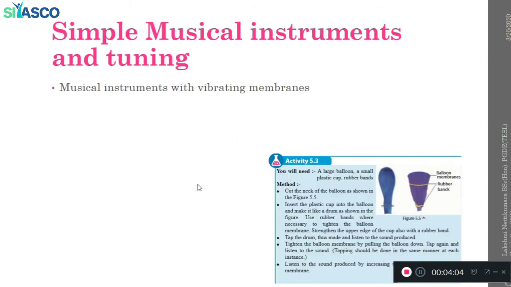Now we came to the core component of this video, that is simple musical instruments and tuning of the instruments. To tune a musical instrument, you have to understand the scientific concept behind it. Before moving to tuning, let's move to the first type of musical instrument, that is called instruments with vibrating membranes.